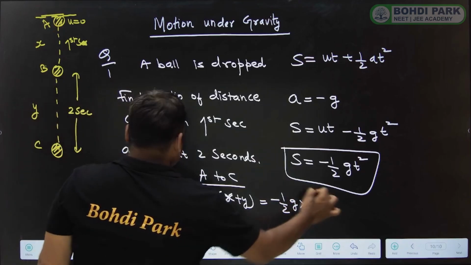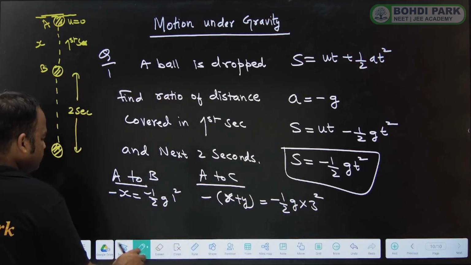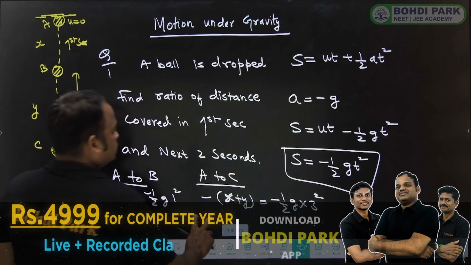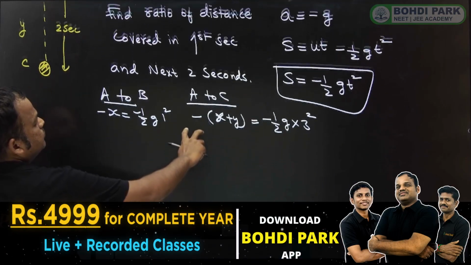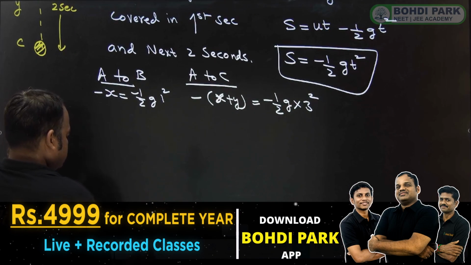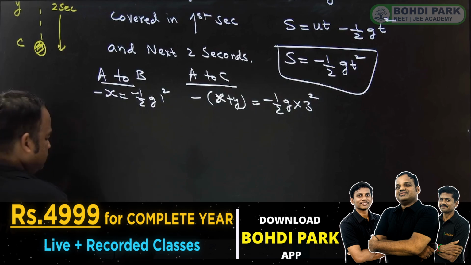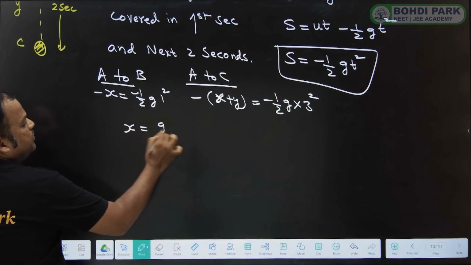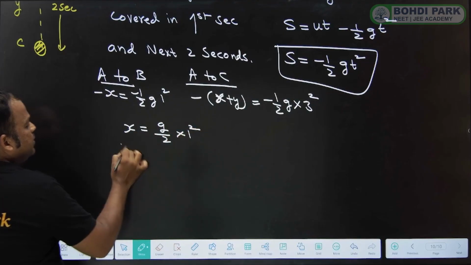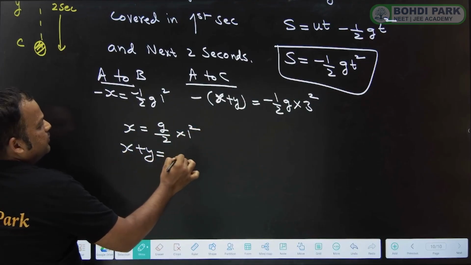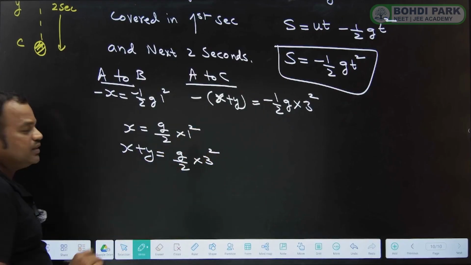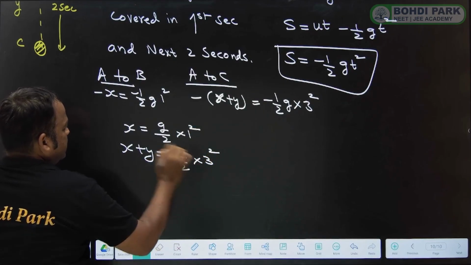So this is 3 square. So x is equal to g by 2 into 1 square and x plus y is equal to g by 2 into 3 square. So we have these two equations.